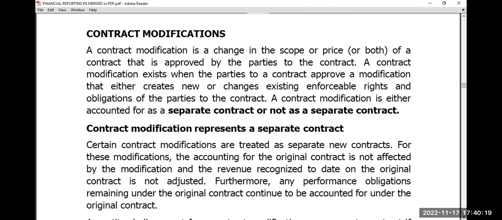We are saying that a contract modification exists when the parties to a contract approve a modification that either creates new or changes the existing enforceable rights and obligations of the parties to the contract. These result either in a new contract or they create changes in an existing contract.